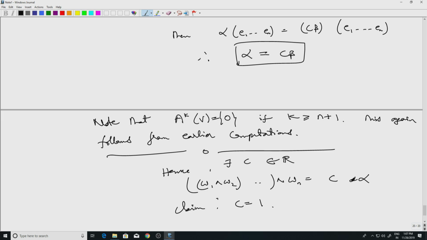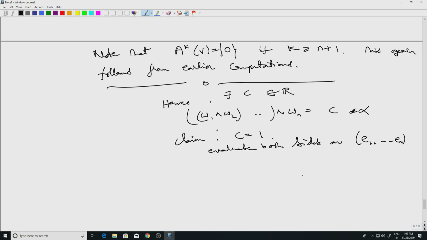So when I evaluate both n-forms, both sides, on E1 up to En: on the right hand side, of course, the determinant of the matrix given by E1 up to En is 1, so I'll just get C. On the left hand side, I'll get omega 1 wedge omega 2 up to omega n, this entire thing evaluated on E1 up to En.